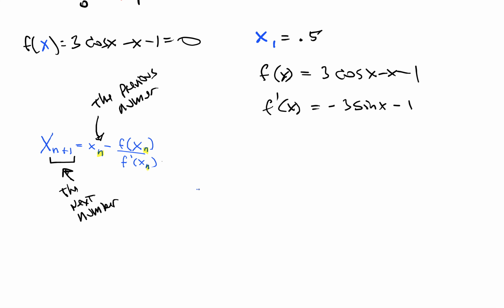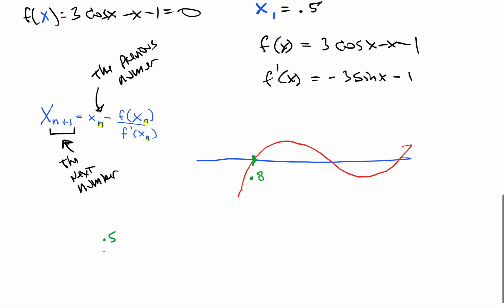And what we're doing, which is kind of cool, is let's say our graph is like this. Okay, and let's say it's got different zeros, but let's say that one of the zeros is, let me think about this for a sec. Let's say it's 0.8. We're going to start off at 0.5, and it's going to give us a new number after we do all this business. That's going to be like 0.7.